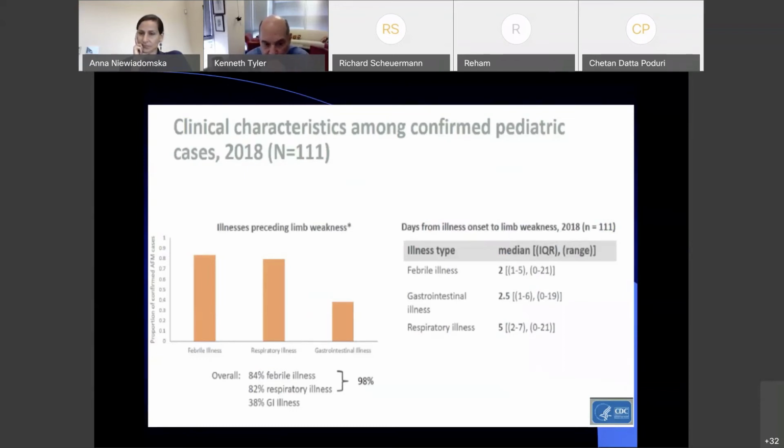It quickly became clear that almost all of the patients who developed AFM according to the defined epidemiologic criteria had an antecedent febrile illness, usually respiratory, occasionally GI, or just a pure febrile one, that typically preceded the onset of the neurologic disease by anywhere from 2 to 5 days. This was frequently referred to as a viral-like prodrome. So again, this was another piece of evidence in the epidemiology that this might be a viral syndrome. Next slide.